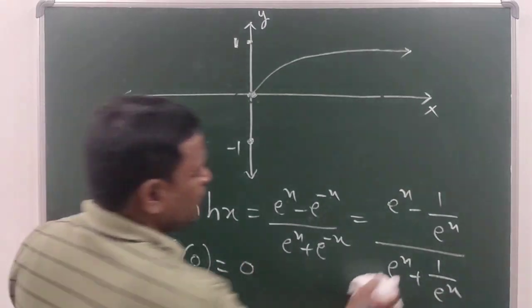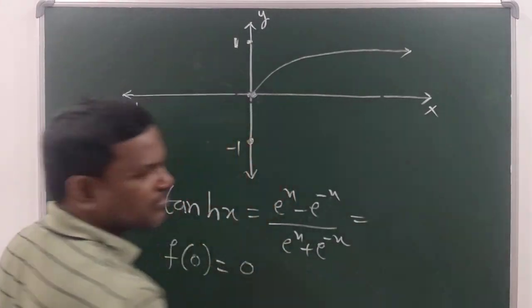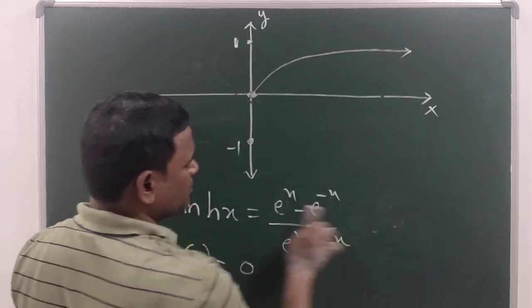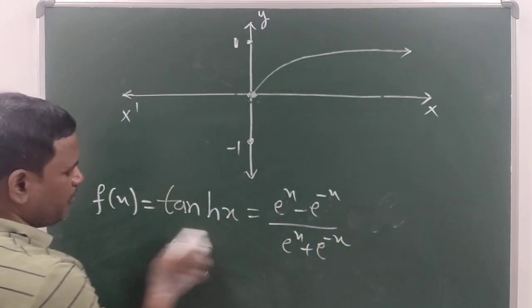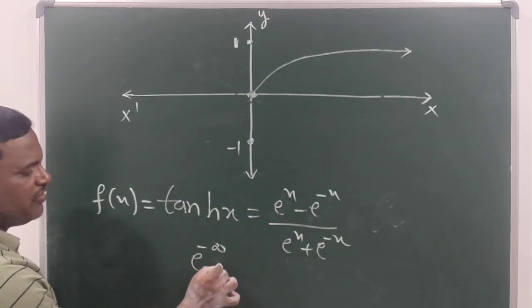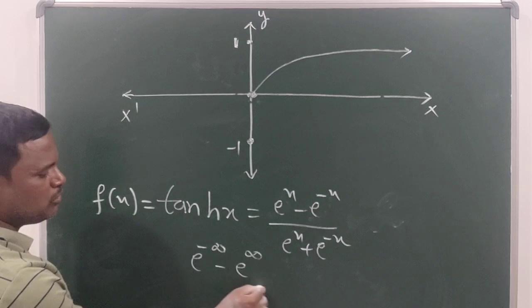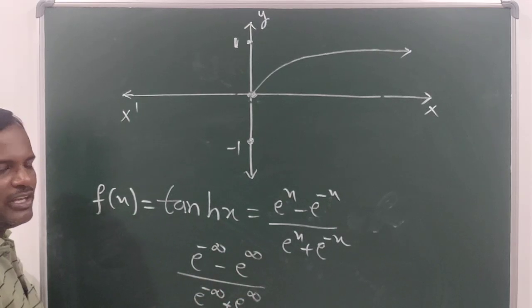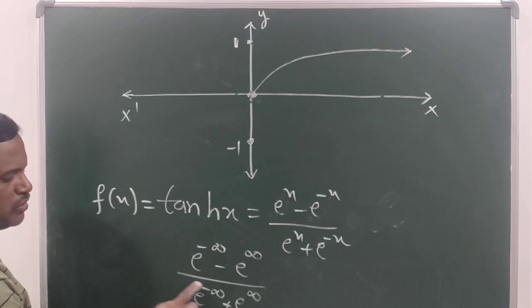Similarly, if you keep on giving negative values, if you substitute negative infinity for x, e power minus infinity, e power positive infinity, so this approaches 0.